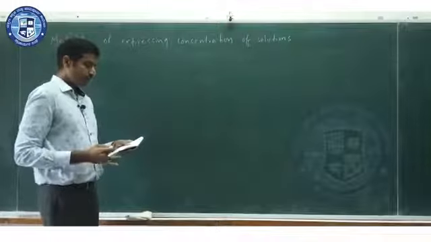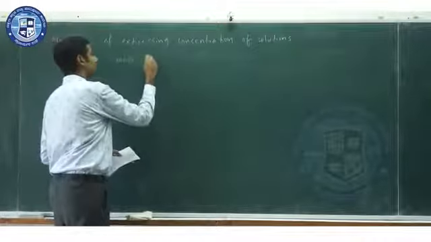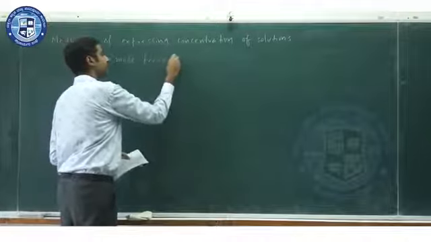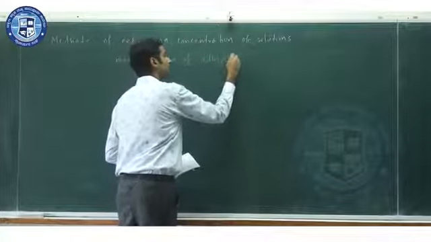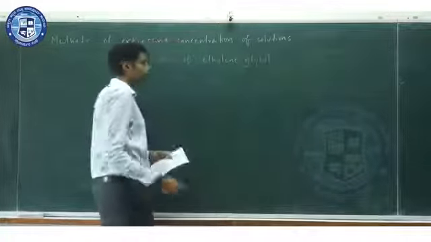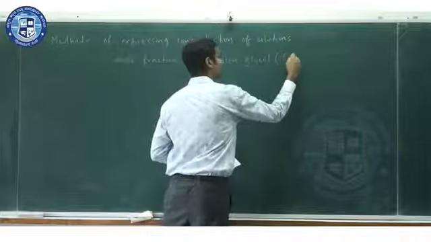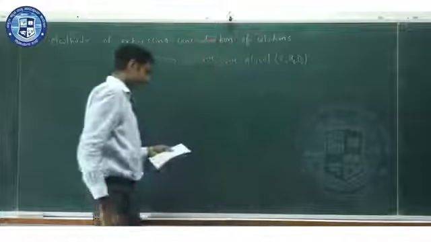So in this problem we have to calculate the mole fraction of ethylene glycol. The molecular formula will be C2H6O2.